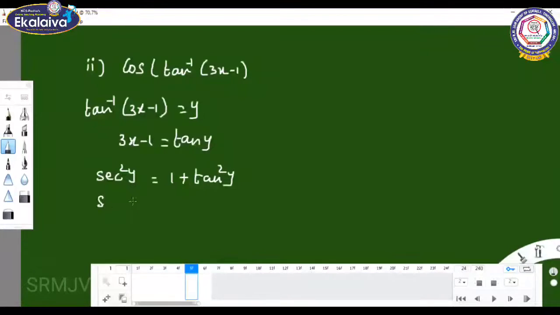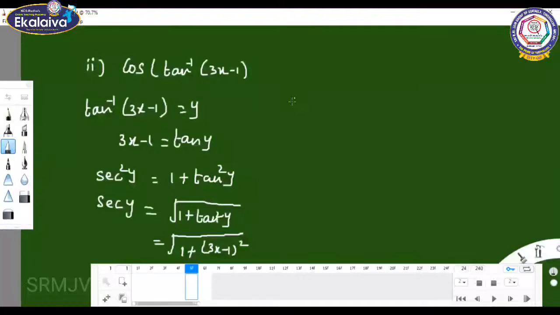So secant y equal to root of 1 plus tan square y. So it gives root of 1 plus 3x minus 1 the whole square. So secant y equal to root of 1 plus 9x square minus 6x plus 1.